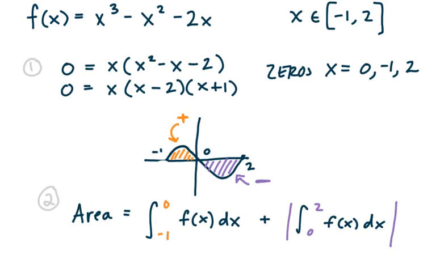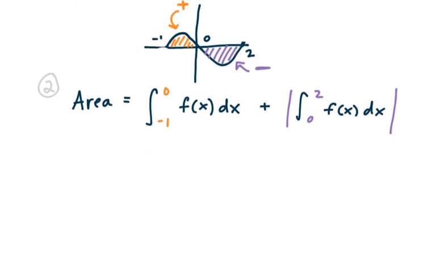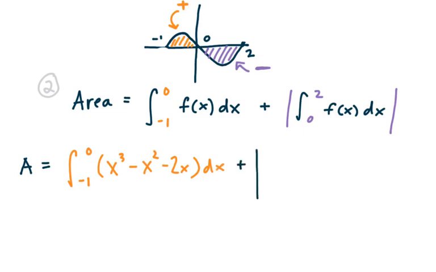We have 2 integrations to do and evaluate. So, A, we have the integral from -1 to 0 of x cubed minus x squared minus 2x dx plus the absolute value of the integral from 0 to positive 2 of x cubed minus x squared minus 2x dx.